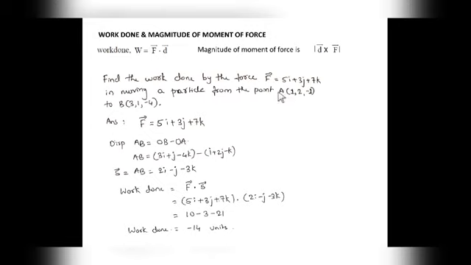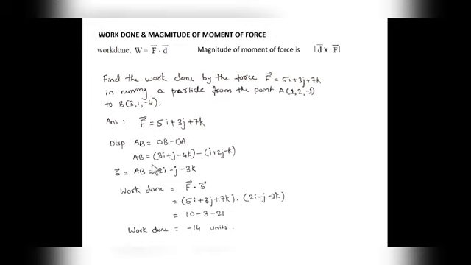First of all, convert these 2 points in the form of vector. I want the distance between A and B, that is AB. AB will be equal to OB minus OA. OB minus OA will give us the distance between A and B. AB vector is equal to OB, that is 3i plus 1j minus 4k, minus OA, 1i plus 2j minus 1k.